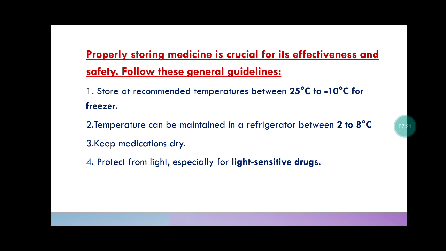Follow these general guidelines. First, store at recommended temperature, between 15 to 25 degrees Celsius, and minus 10 degrees Celsius for freezer. Temperature can be maintained in a refrigerator between 2 to 8 degrees Celsius. Keep medication dry. Protect from light, especially for light-sensitive drugs.